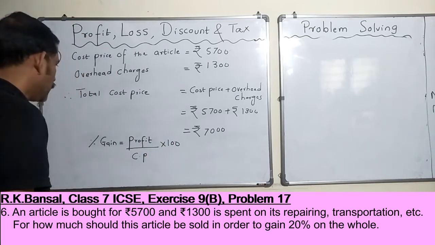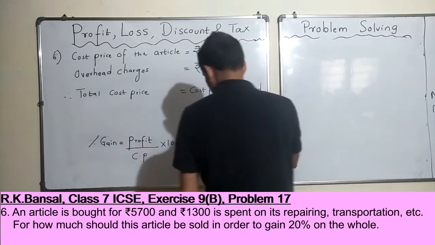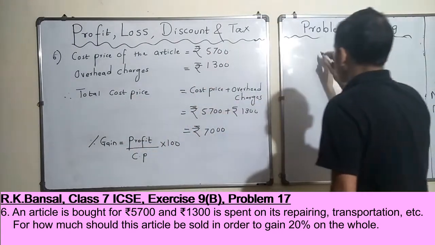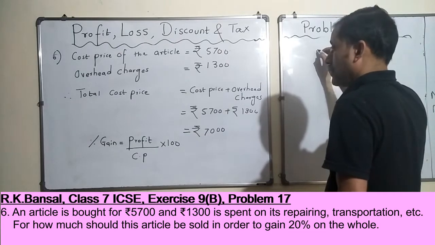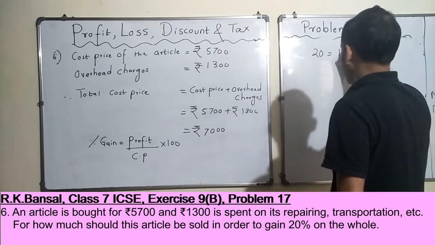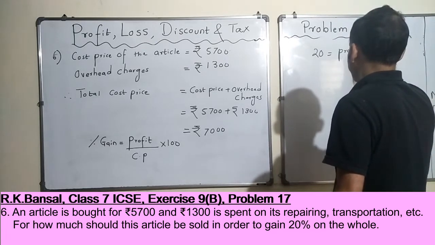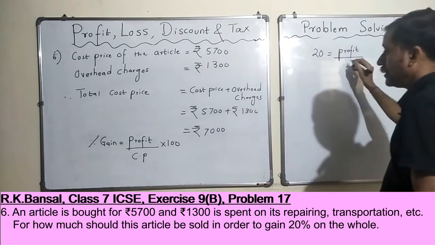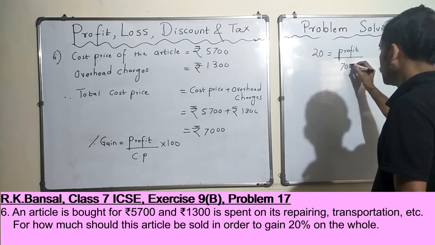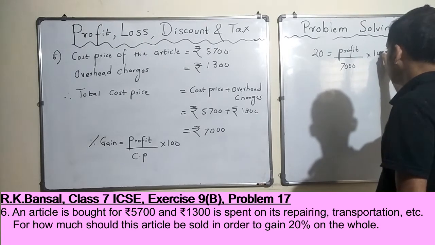Do we know the cost price? The total cost price we know. Profit we don't know, but we know the gain percent. Gain percentage is 20%. So I can write 20 is equal to profit by total cost price, that is 7,000 into 100.